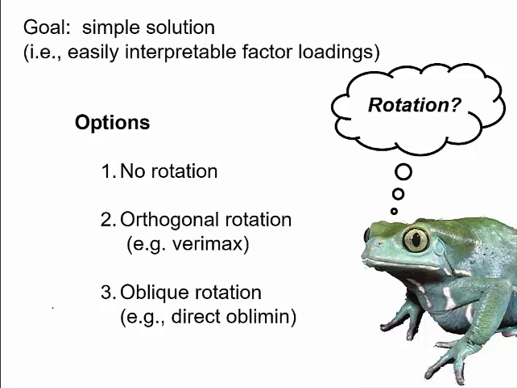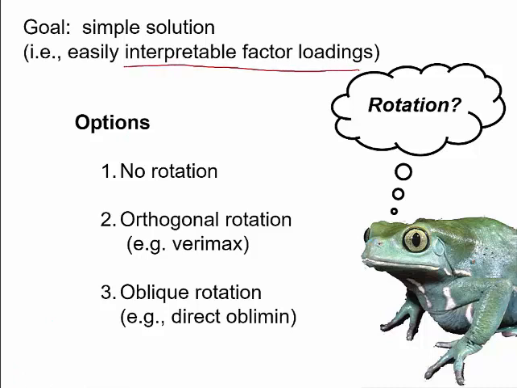And rotation is a process where we're going to take a solution. We're going to take a matrix of factor loadings, or of component loadings, if you want to be precise in our language, and we're doing principal components analysis. We'll take our matrix of loadings and we're going to do something called rotation. And the purpose of rotation is to try to make our solution easier to interpret.